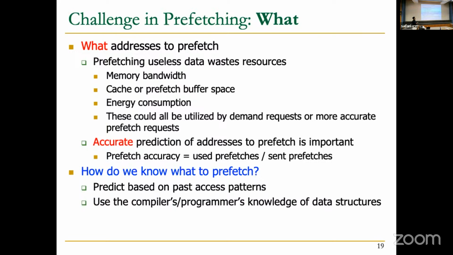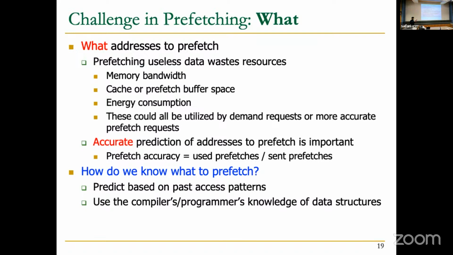So as I said, accuracy is definitely needed, but how exactly can we achieve that accuracy? How do we know what to prefetch, right? Mostly what we are going to see is that if it is hardware-based prefetching, which is completely transparent to the compiler and to the programmer itself, they predict based on the past access pattern. They tap onto the program's access pattern and try to do some sort of pattern mining, right?